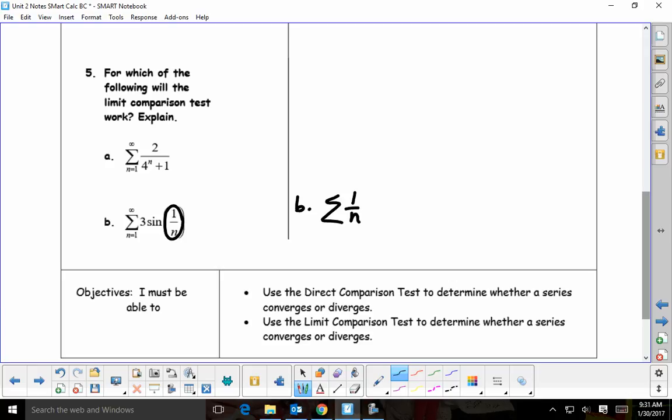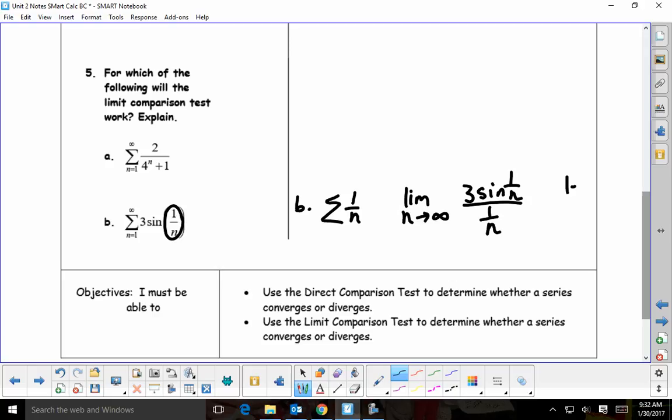Let's do this limit again together. That becomes the limit as n goes to infinity of the original divided by the new. And this is when I need to do a substitution now.